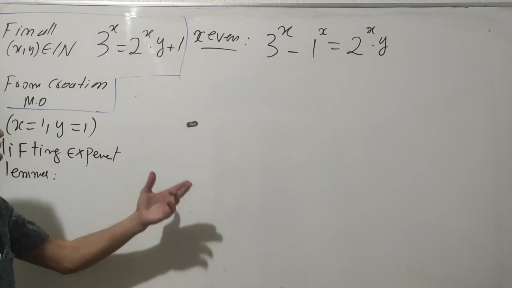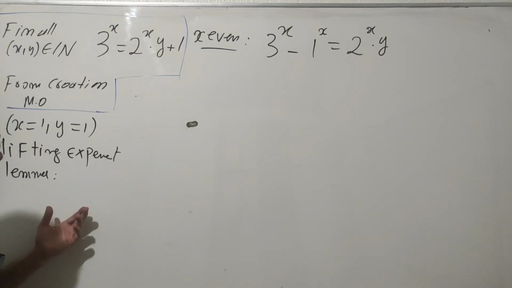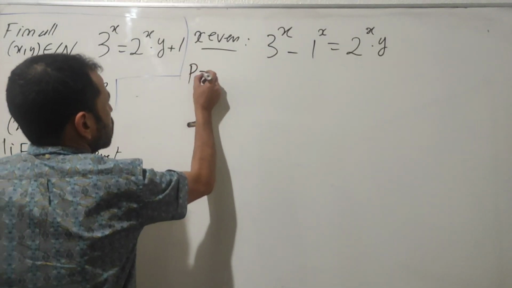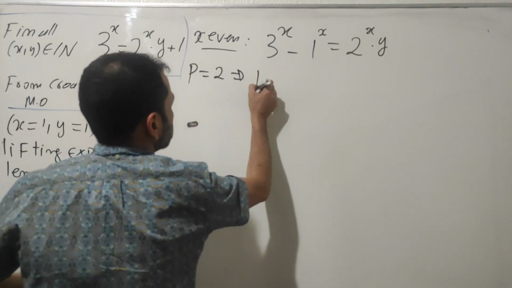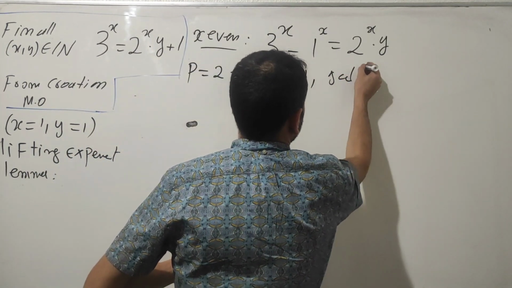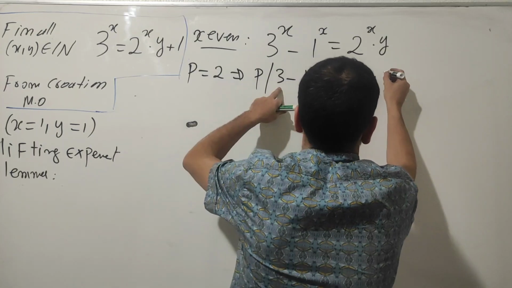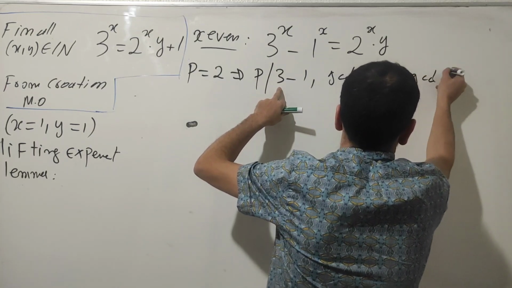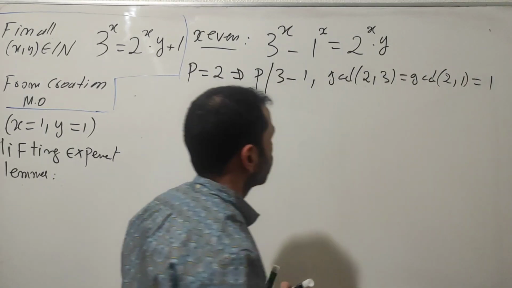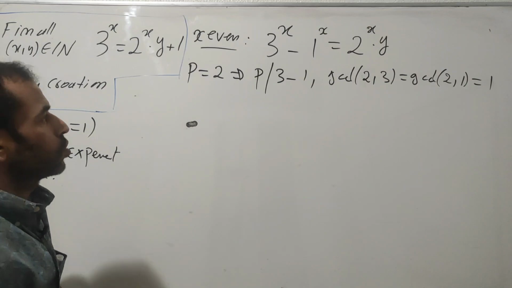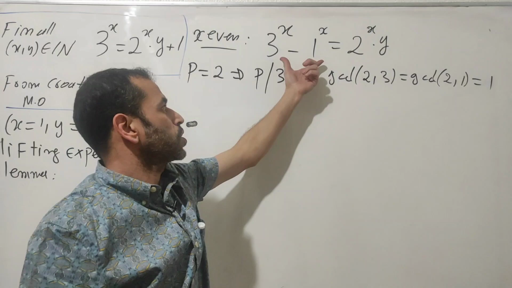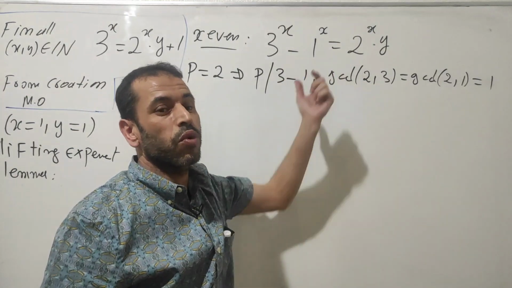So for the lifting exponent that we already saw, I'm going to choose p equals 2 as a prime, because this p divides this difference 3 minus 1. Also GCD of 2 and 3 equals GCD of this prime 2 and 1, which equals 1. Now I'm going to apply this lifting exponent on both sides of this equation, since we have equality here.